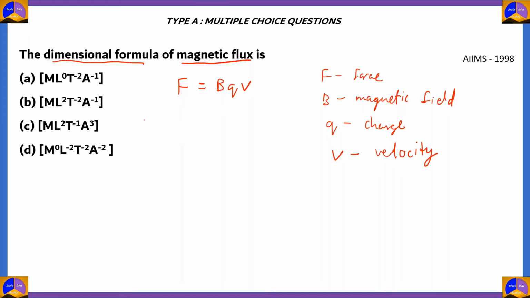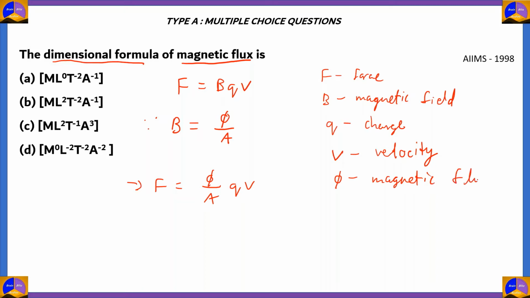Since magnetic field is equal to phi by A, we'll rewrite the equation as F is equal to phi by A QV, where phi is our target quantity, magnetic flux, and A is the surface area.